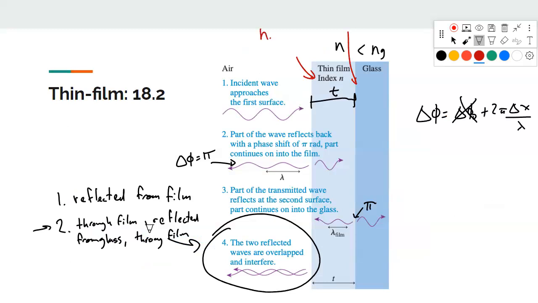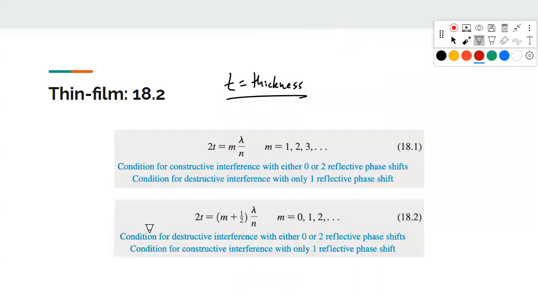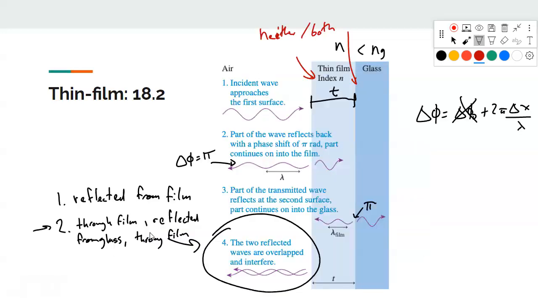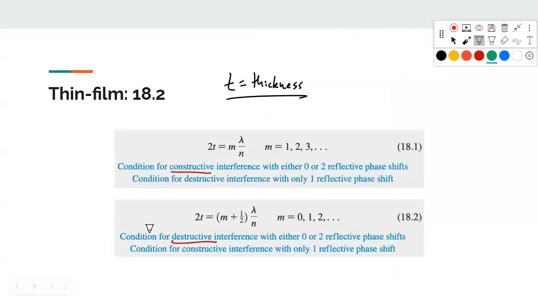So if we get a phase shift on neither or both, then this first formula is constructive and the second formula is destructive. Now, if instead we get a phase shift on one of them, then in that case, it's flipped. The equation for destructive will be the first one and the equation for constructive will be the second one.